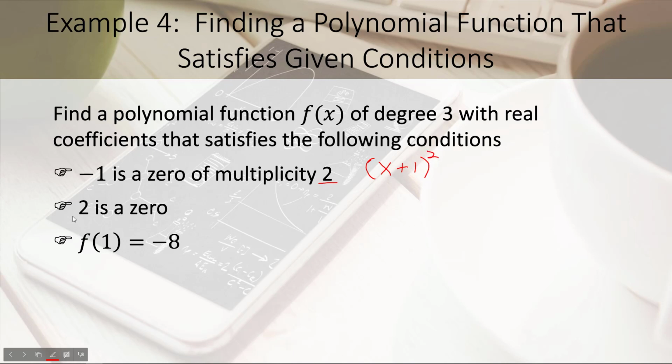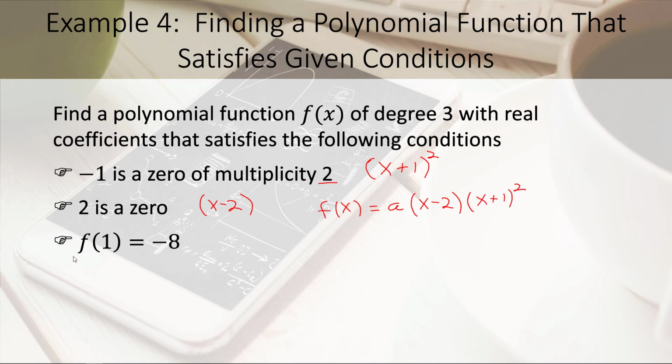And then finally, the other 0 is at 2, which means that the other factor is going to be x minus 2. As a consequence, we know that f of x is going to be equal to some number, let's just go ahead and call it a, times this factor, which is x minus 2, times this factor, which is x plus 1 squared.